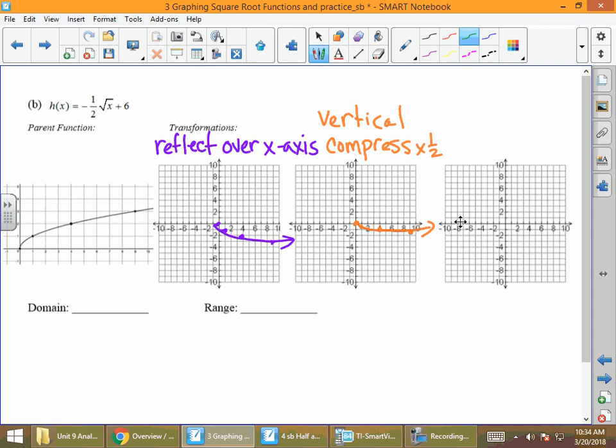We have one more transformation to the graph, and it's the +6 outside of the function. How does that transform our function? Up 6. So 0, 0 now is going to move up 6.